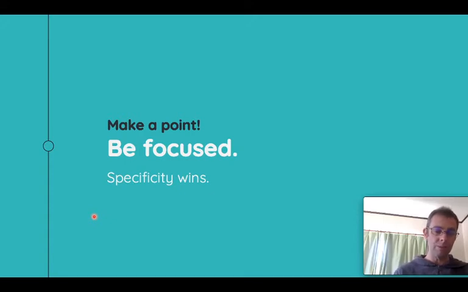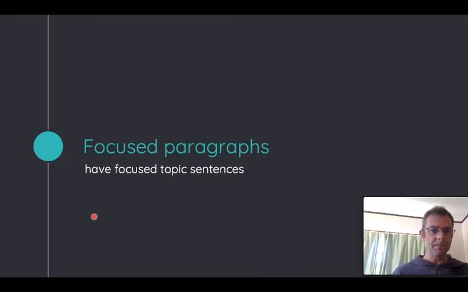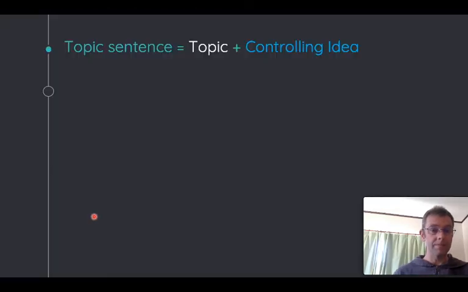If those are on point, then the rest of the paragraph naturally supports that excellent topic sentence, and those really make some fantastic foundations for a full essay. So that means we need to have focused paragraphs, and those focused paragraphs have focused topic sentences. So let's take a look now at how you craft a focused topic sentence.